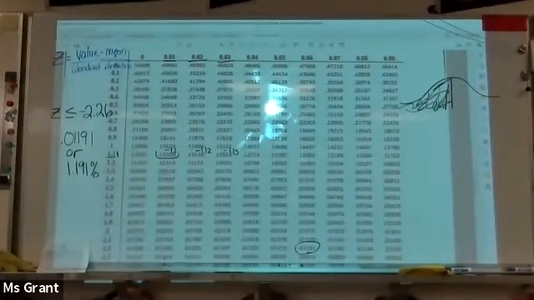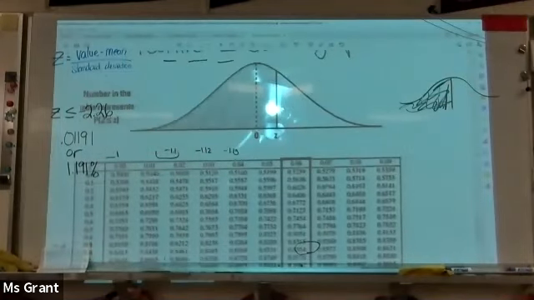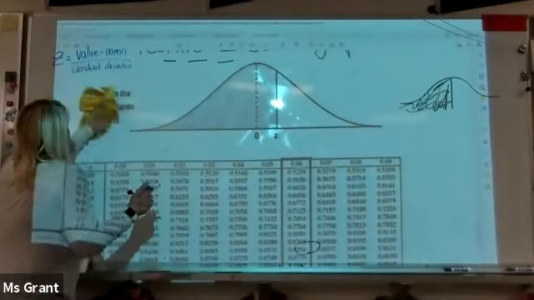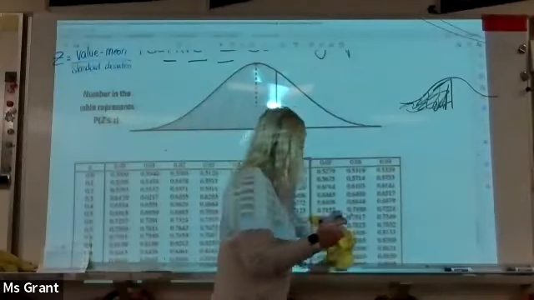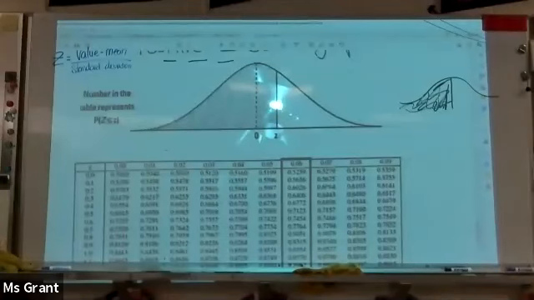Turn and go to the next chart. The positive z-score graph. This means above the mean. Look at all these numbers on the left, they are positives, right? So let's practice.